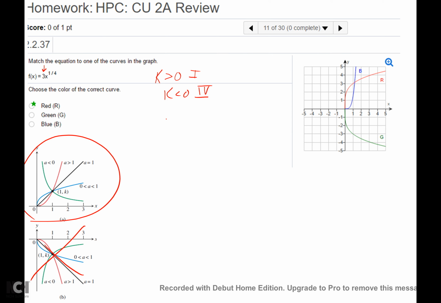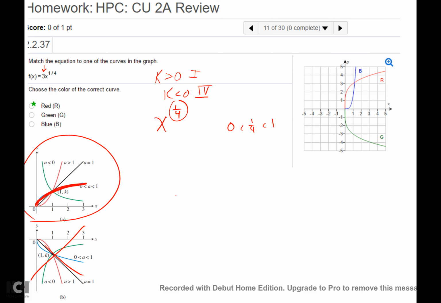Then if you look at your a, which is your exponent, my exponent is 1/4. That is between 0 and 1. So a is between 0 and 1, and I'm looking at this function right here.